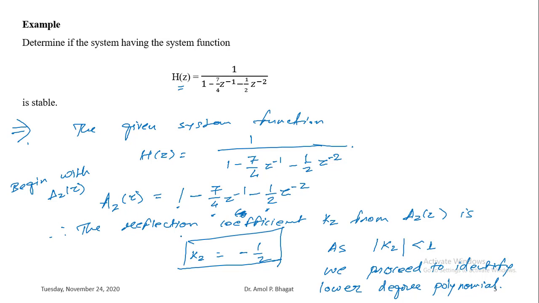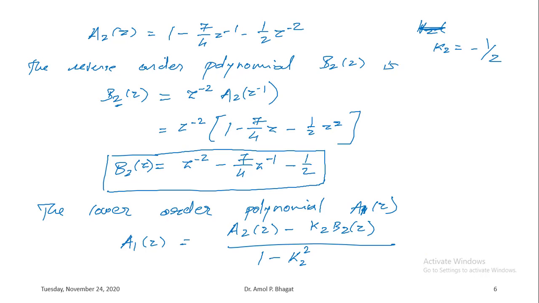If mod k2 was greater than 1, then right there we would have stated that the system is unstable. But as mod k2 is less than 1, we identified b2 of z as well as a1 of z, the lower order polynomial from a2 of z, by utilizing a2 of z, b2 of z and k2.